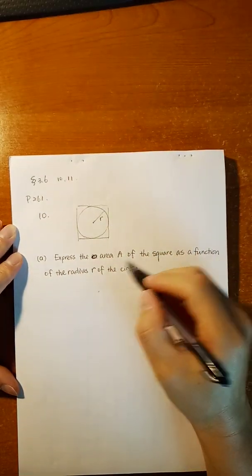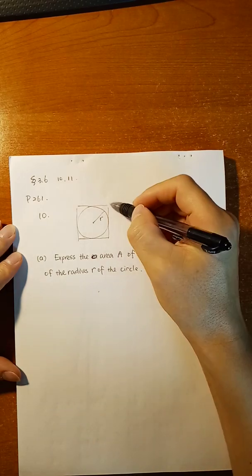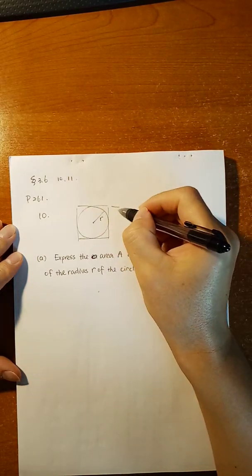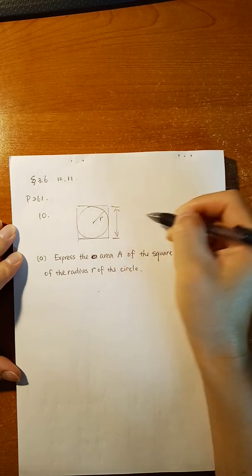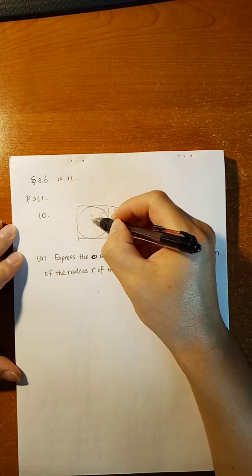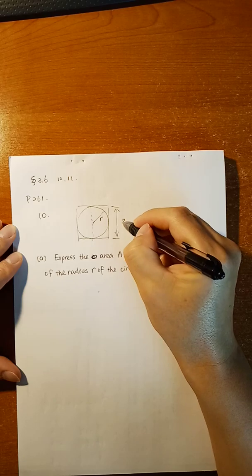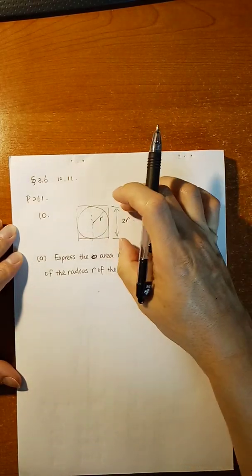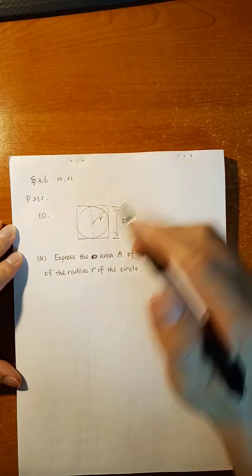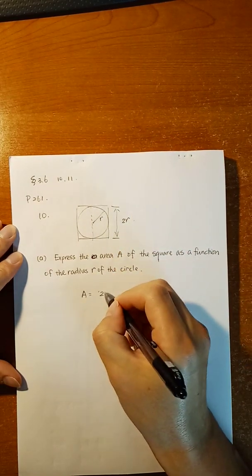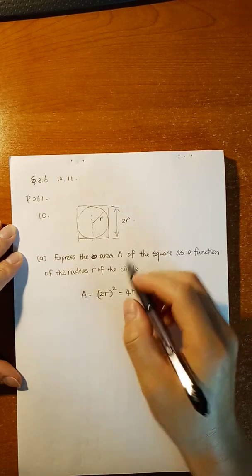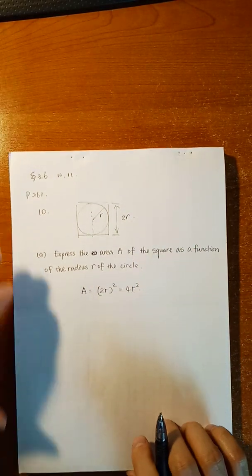In order to find the area of the square, you need the length of the side. This, if you check it, is exactly the diameter, twice the radius. So the side of the square is 2r, so the area is 2r squared, which is 4r squared.